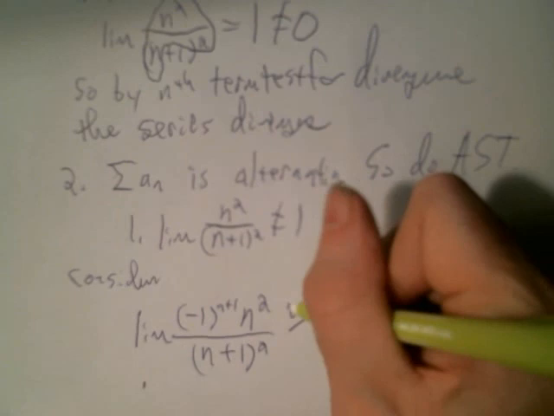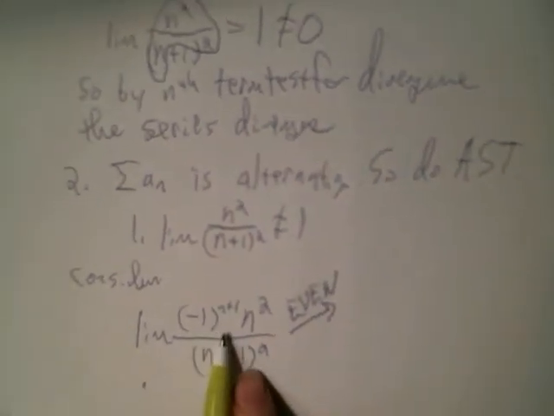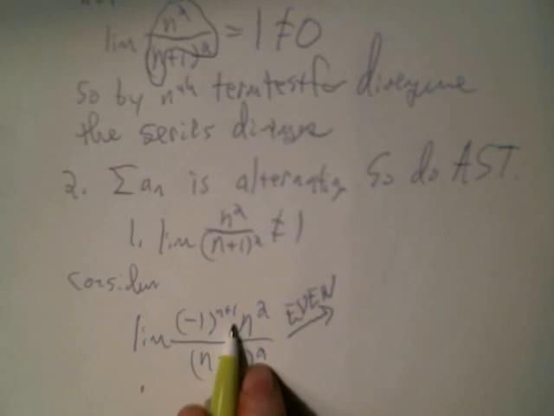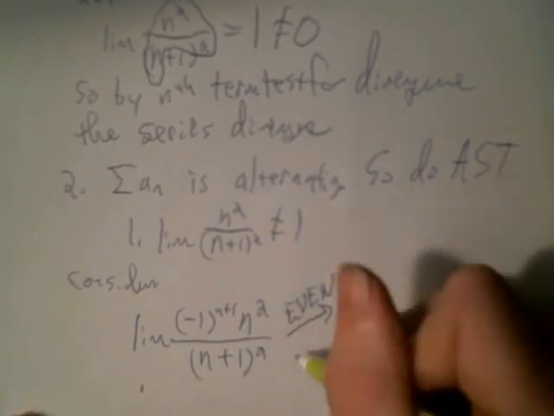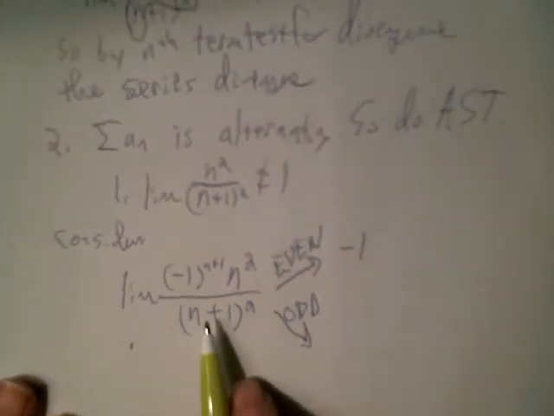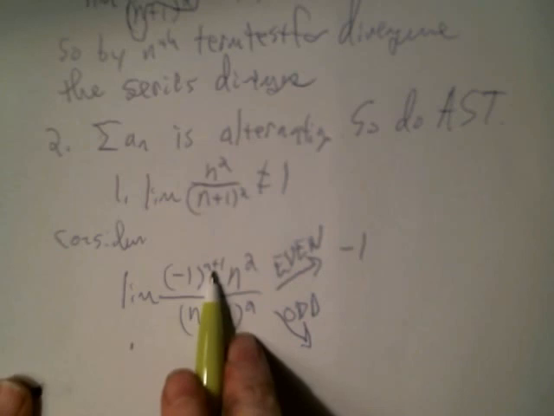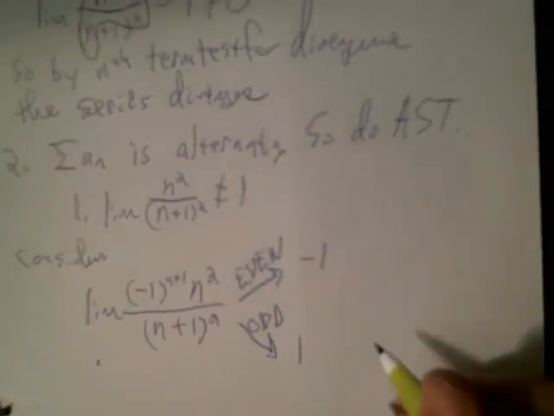The even terms, because of this negative here, will always be negative, and they'll go to -1. The odd terms will always be positive, and they will go to +1.